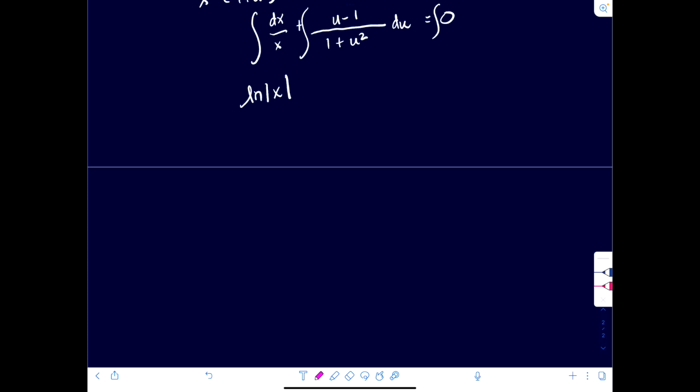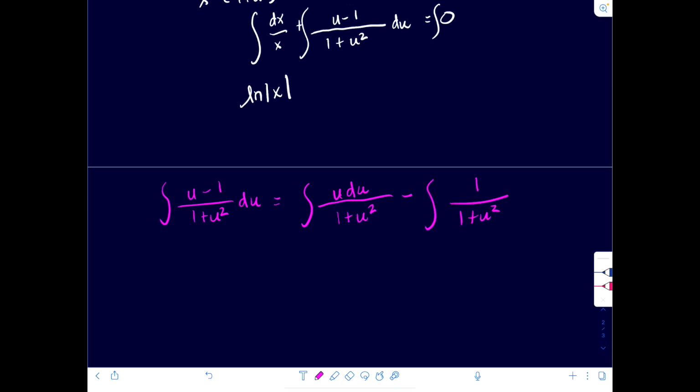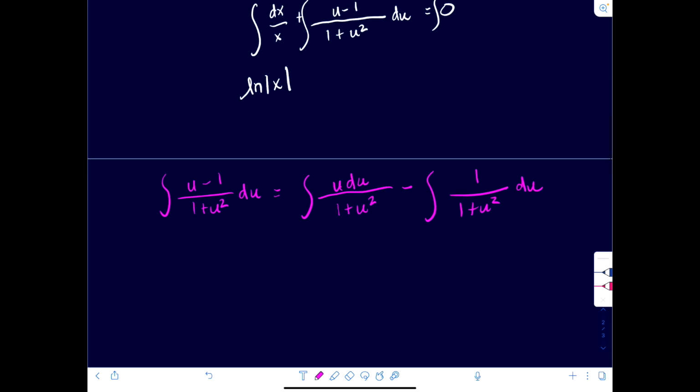And then if we take a look at the integral of (u minus 1) over (1 plus u squared) du, we can rewrite that as the integral of u du over 1 plus u squared, minus the integral of 1 over 1 plus u squared du, adjusting by a factor of 2 and recognizing over here it's an arctangent setup and a is 1 and we just have u squared, so u will just be u.